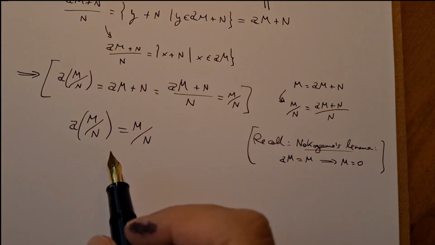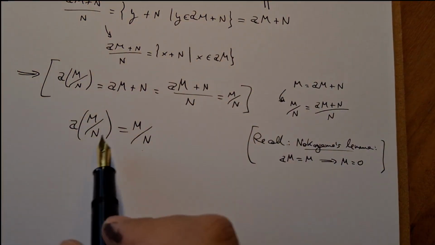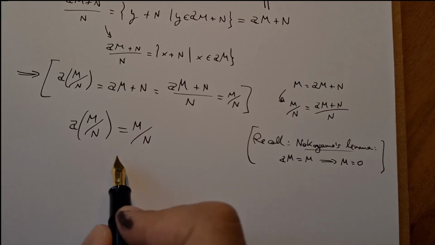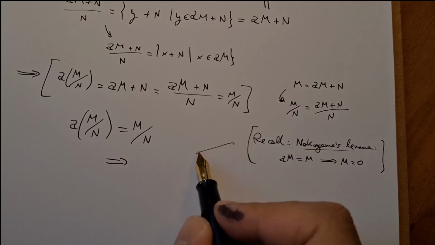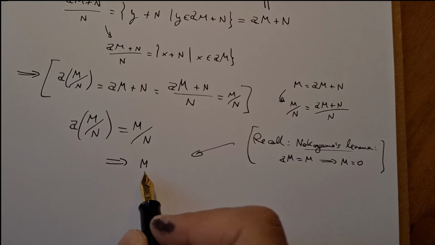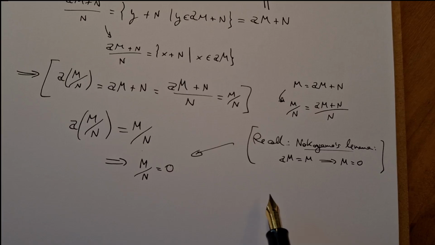So here, what we have is that A times this quotient equals this quotient. So by Nakayama's lemma, this quotient is actually 0.